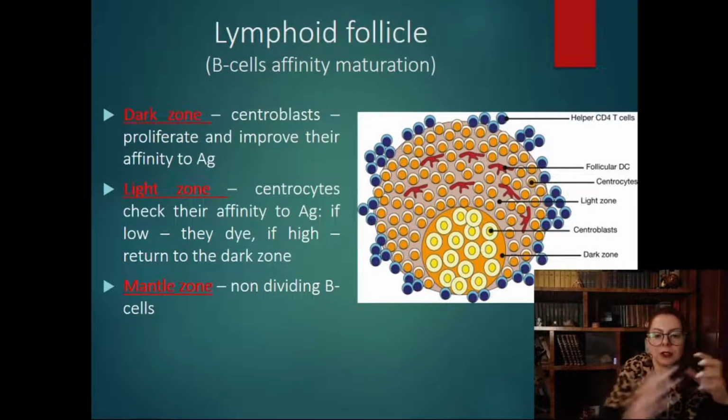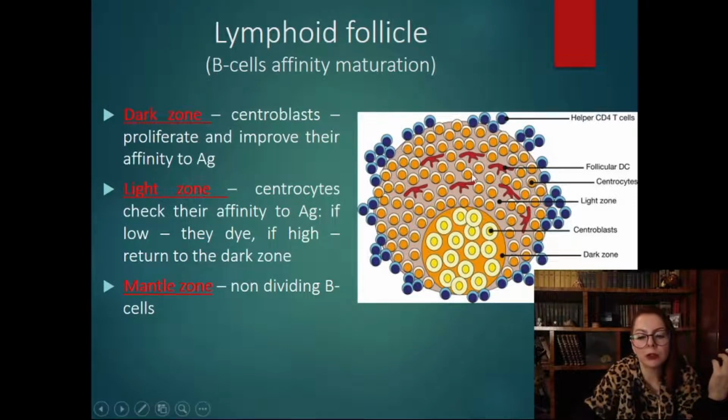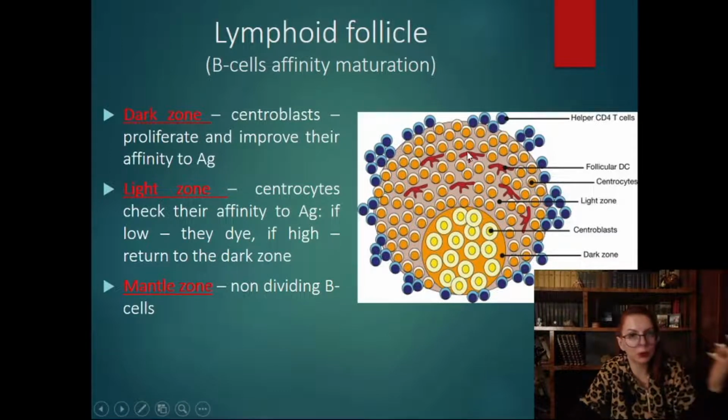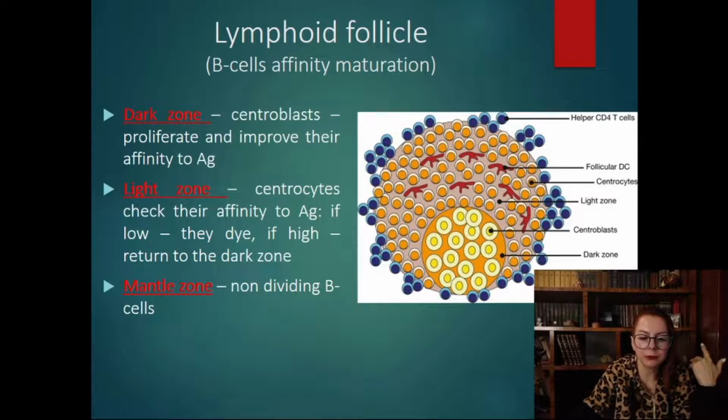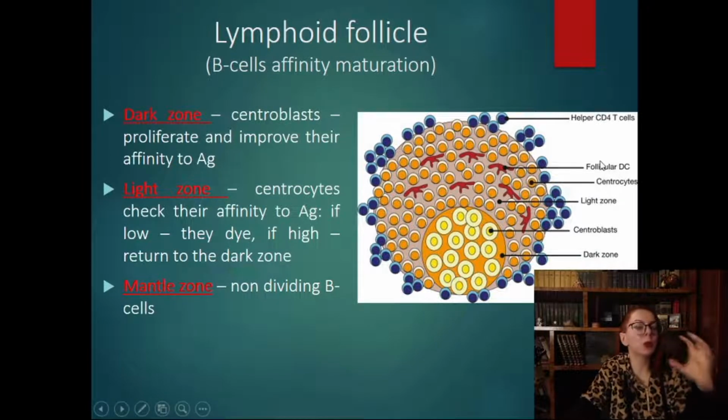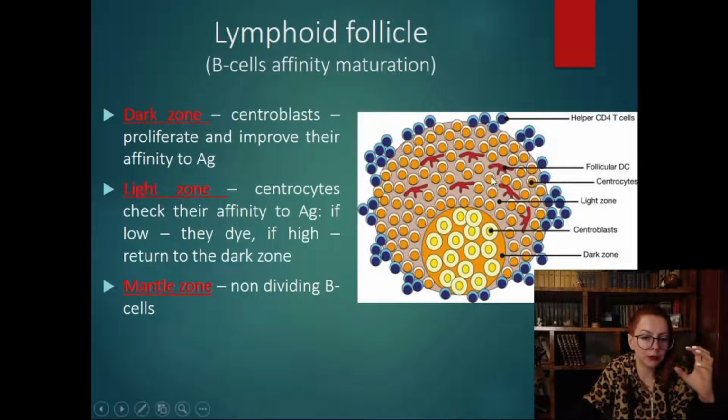To test this, they need to have an example of the antigen. And examples of those antigens are held by follicular dendritic cells. So the function of follicular dendritic cells is just to hold an example of antigen, exposing it to the centrocytes.